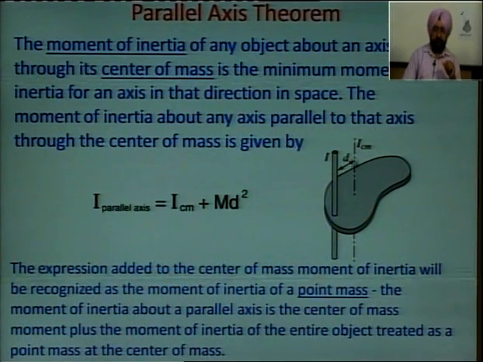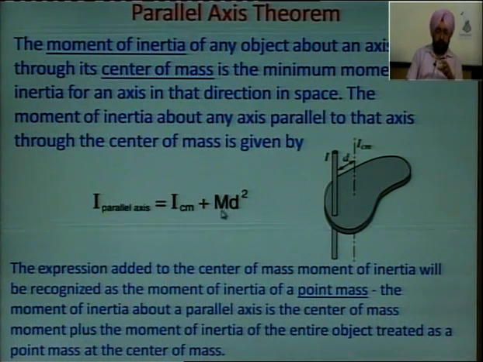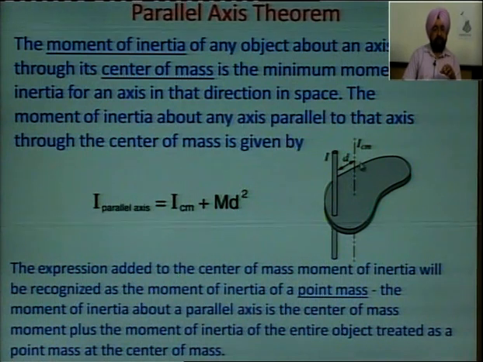Here it is very clear, this is the moment of inertia through the center of mass. Say you want to find the moment of inertia through this axis. The distance between the two is d. You know the moment of inertia through the center of mass. Then to this you add the product of the total mass of the body and the square of the distance from this axis of rotation, that is I.